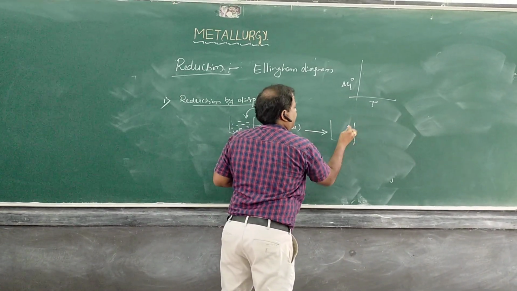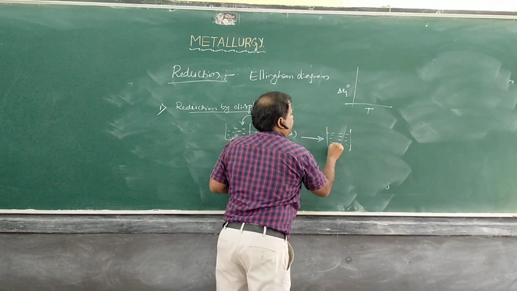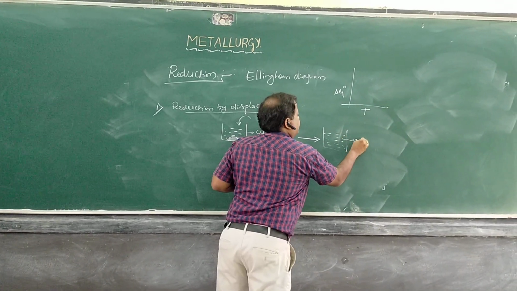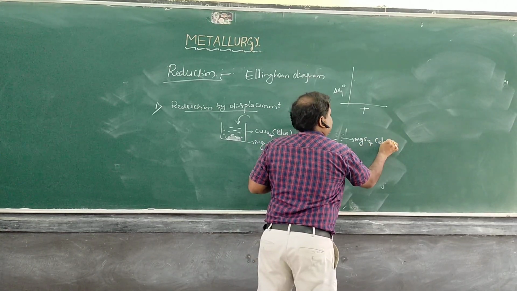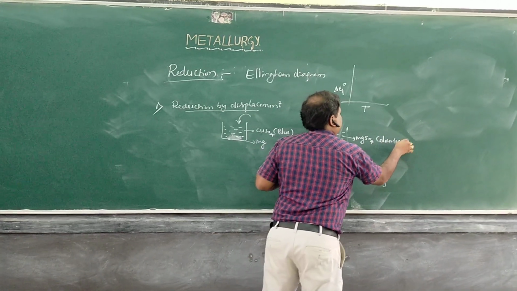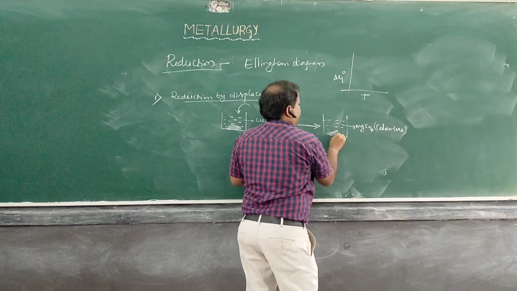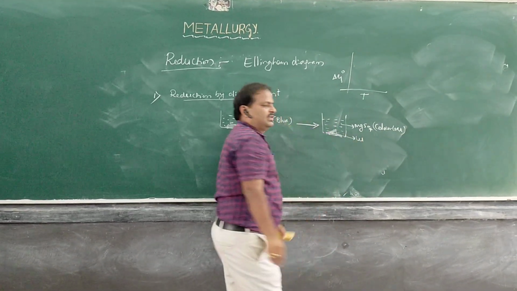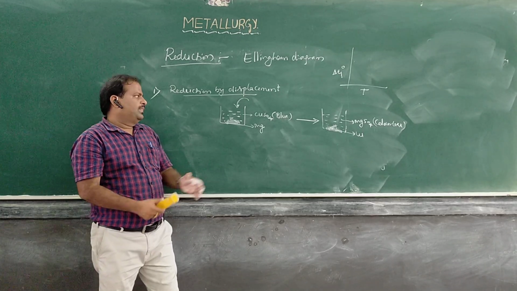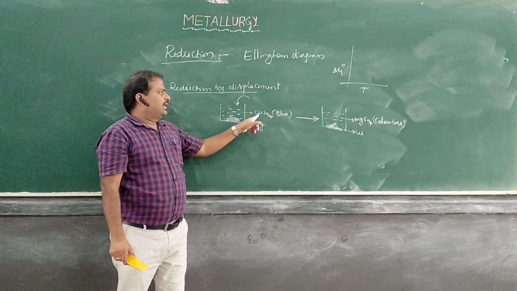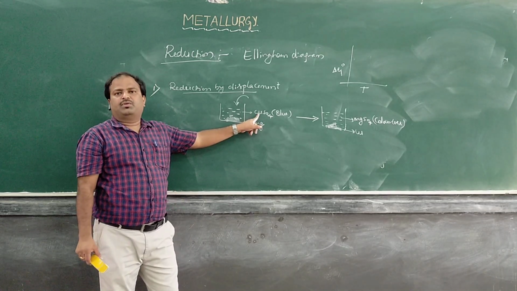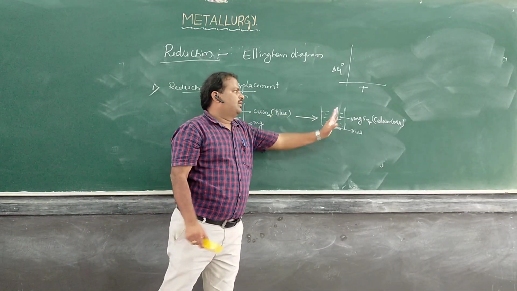Here in another beaker, it contains magnesium sulfate, which is colorless, leaving behind copper. This is a displacement reaction. So a more reactive metal can displace a less reactive metal from a compound to form a different compound.